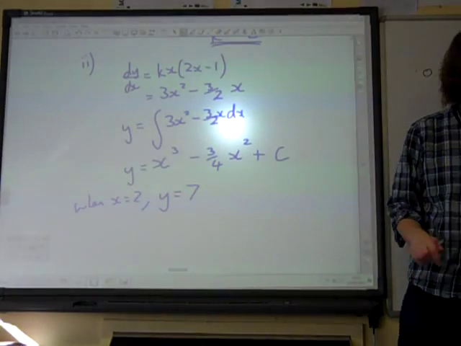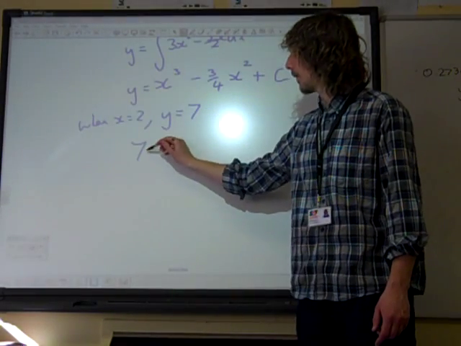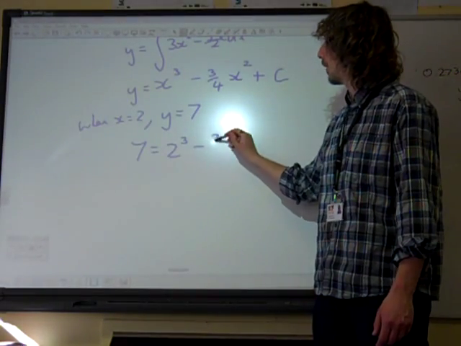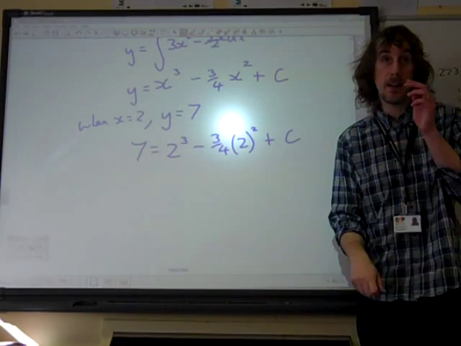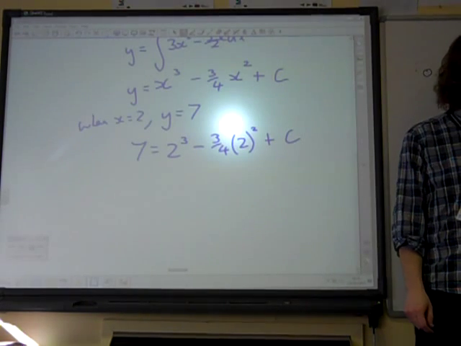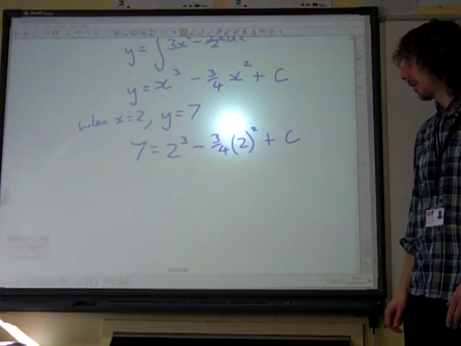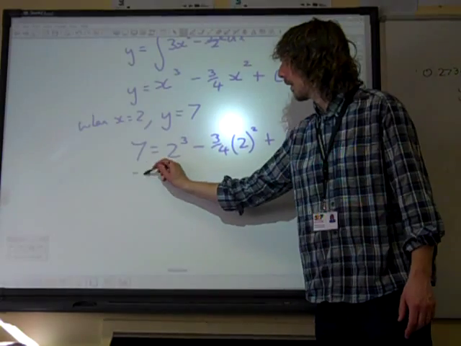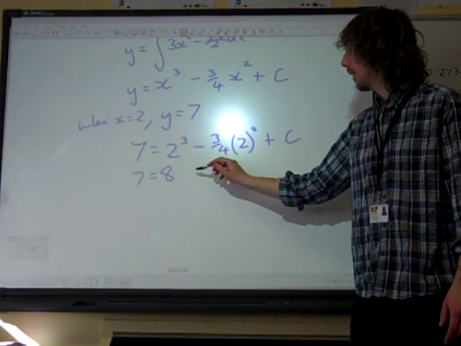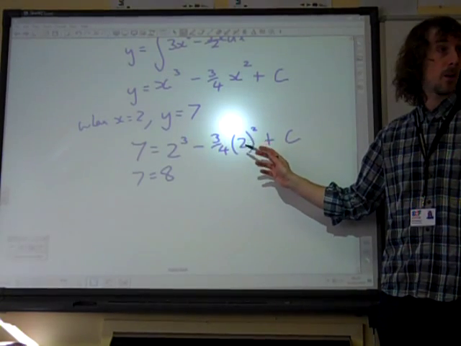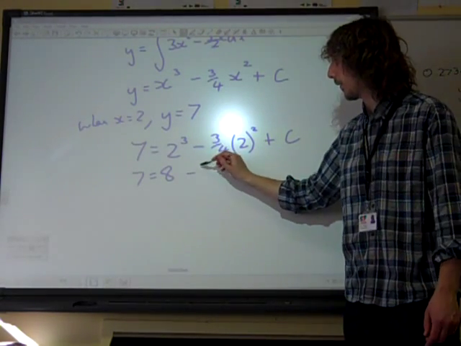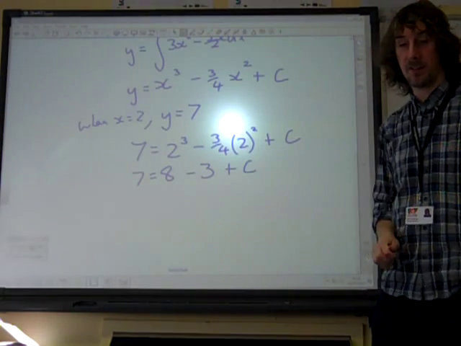So that's our way into finding the constant of integration. 7 is 2 cubed minus 3 quarters of 2 squared plus c. If we simplify this, we've got 7 is 8. 2 cubed is 8, 2 squared would be 4, 3 quarters times 4 is just going to give us 3 there, plus c.